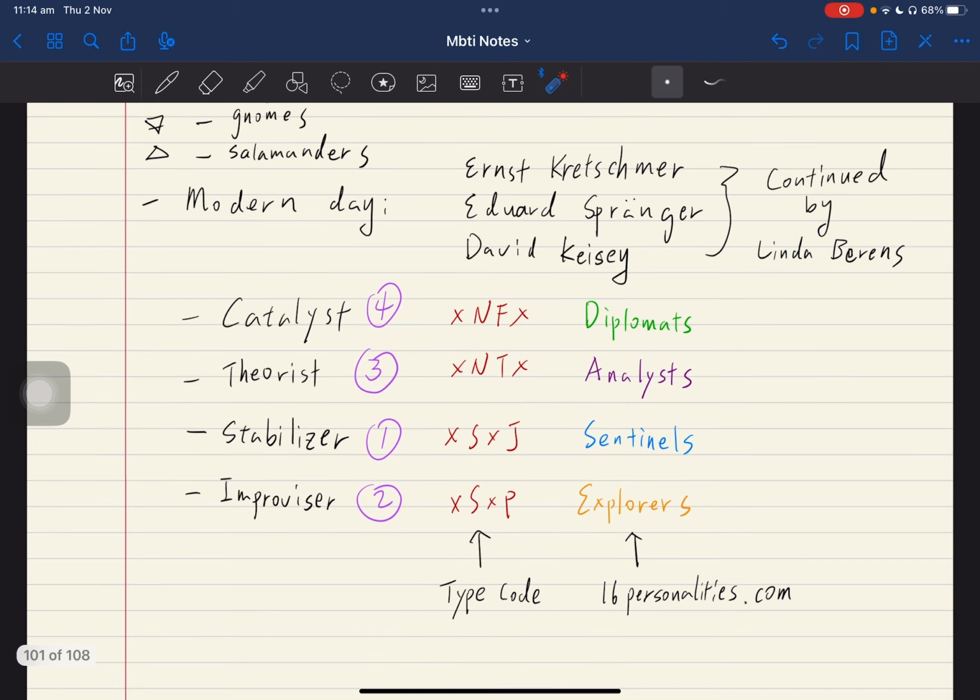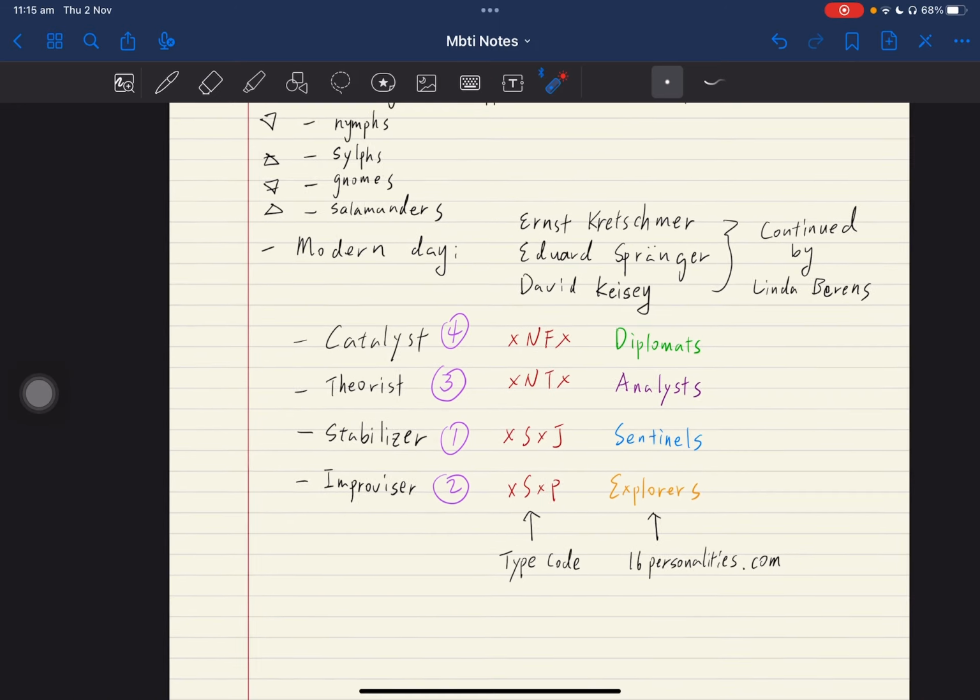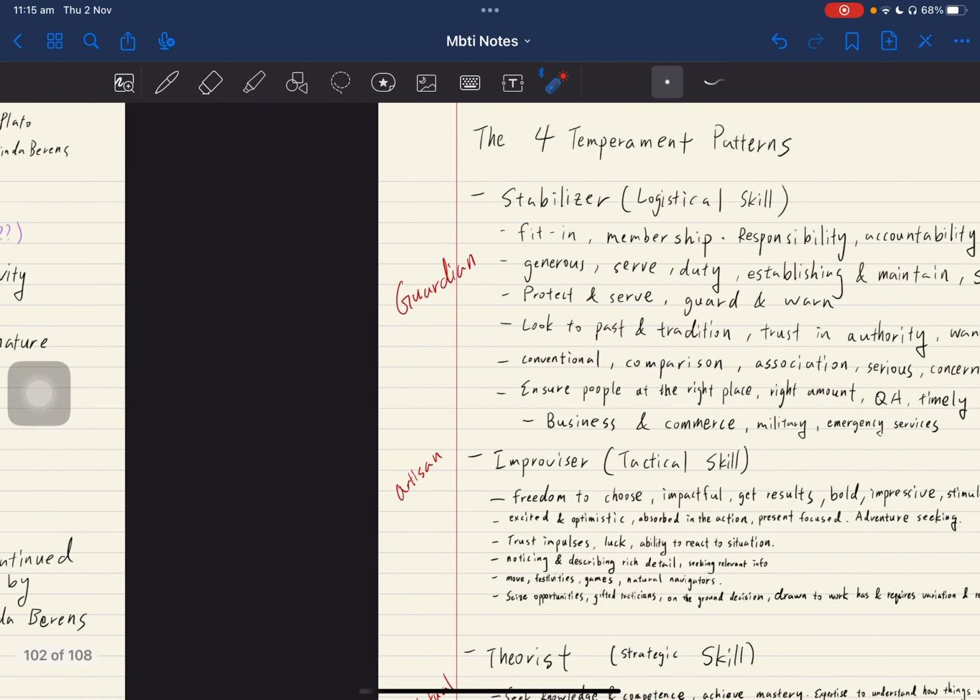The stabilizers are the SJs, which are the sentinels on the 16 personality website, and improviser or SP, which is called explorer from here, or artisans in the other one. NTs are the analysts or the intellectuals, and catalysts are NF, diplomats or the idealists. So those are the 4 temperaments.